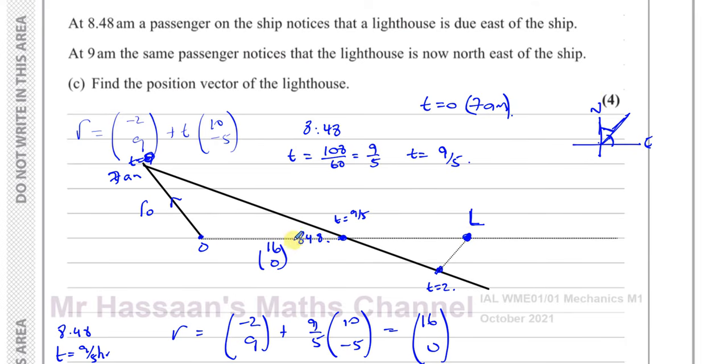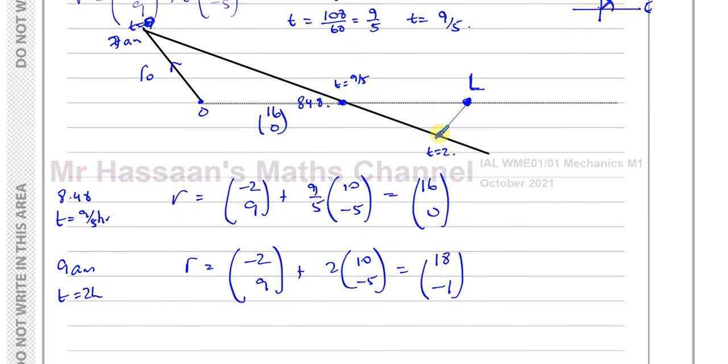So this line is due east of this point here, and this line is on a bearing of 45 degrees from this point here, and then that will be where the lighthouse is. So we know that this point is 18 minus 1. So this is the vector (18, -1).